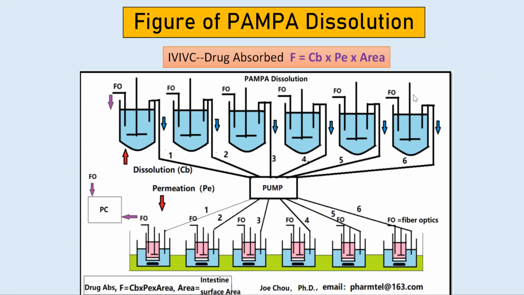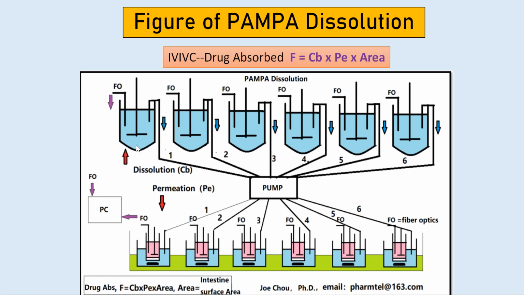What the configuration shows here is that the upper side is 6 vessels of dissolution. And correspondingly, you will have the PAMPA apparatus. And in between, they are connected with the pump.